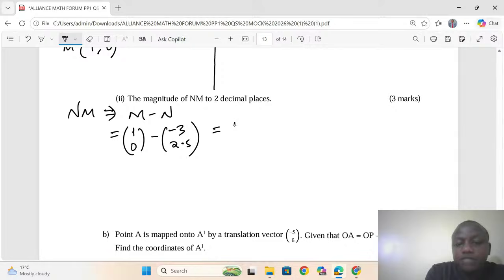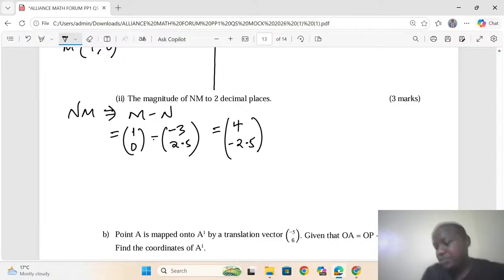This is 4 because of 1 minus a negative 3. Then this is negative 2.5. So we have now the vector NM. You see that?